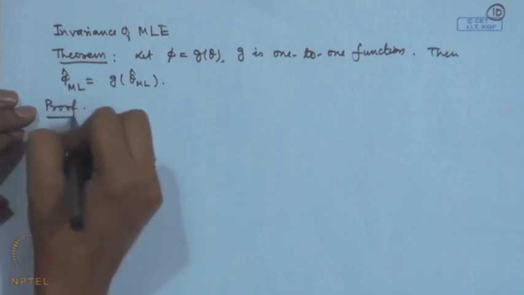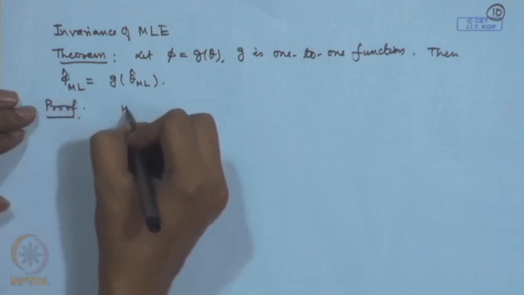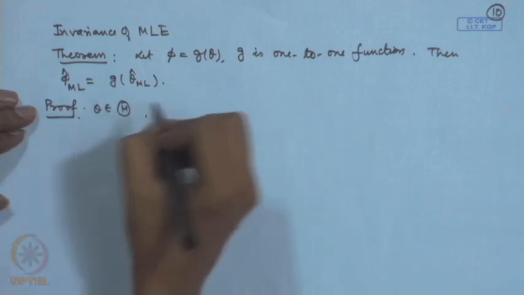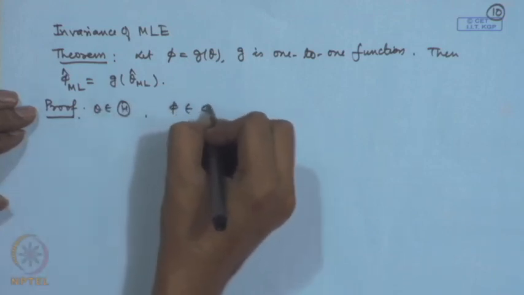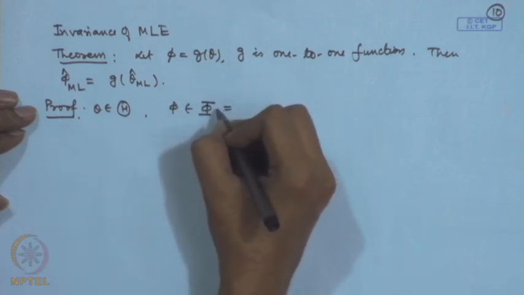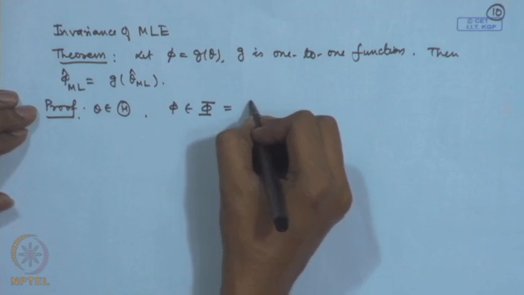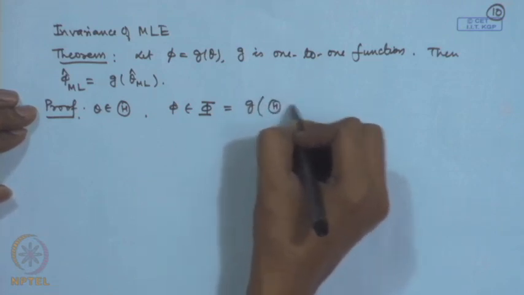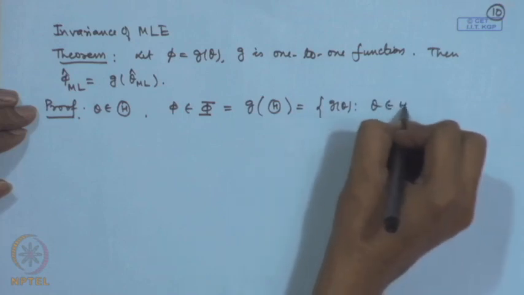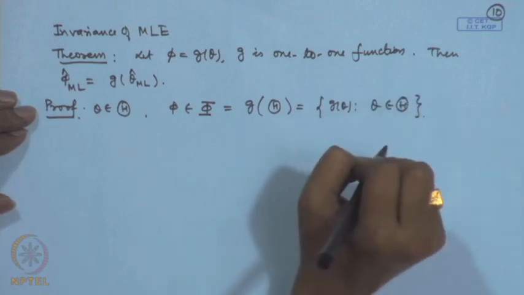Let us look at the proof of this. So, suppose my parameter space for theta is capital script Theta, and for phi we write capital Phi, and this is actually the g(theta) space, that is the set of all g(theta) values as theta varies over script Theta.